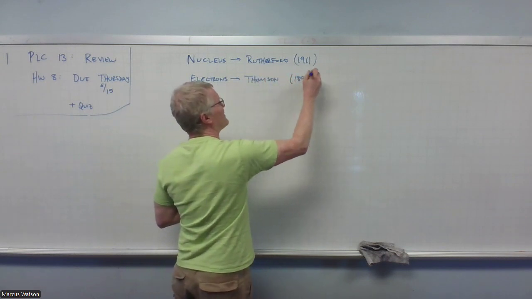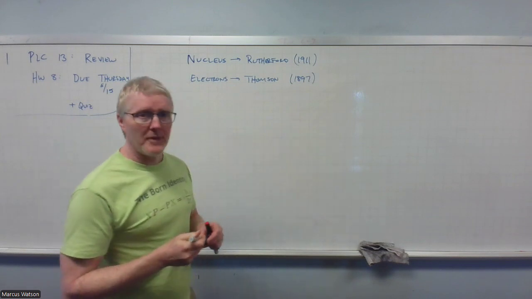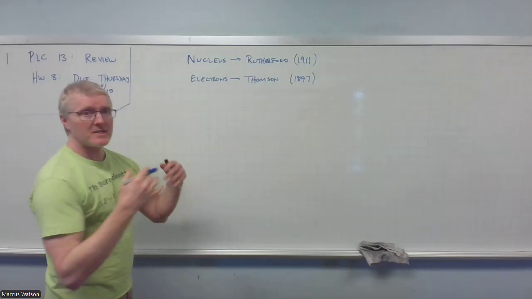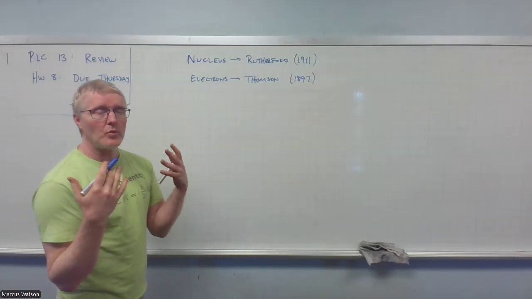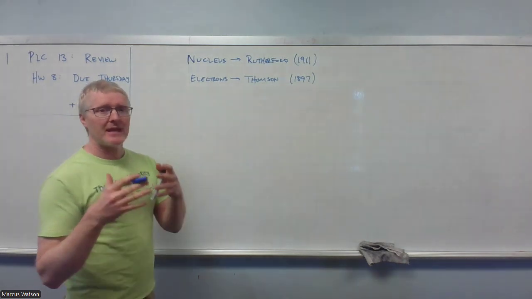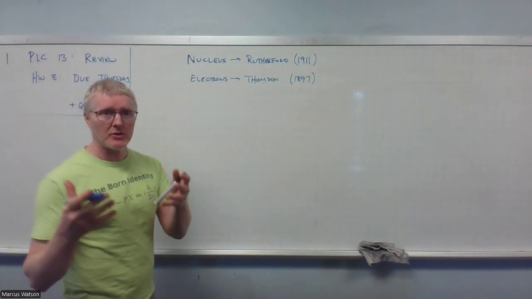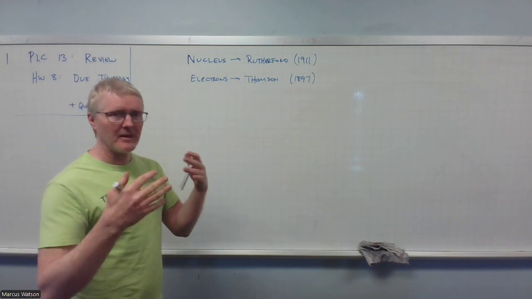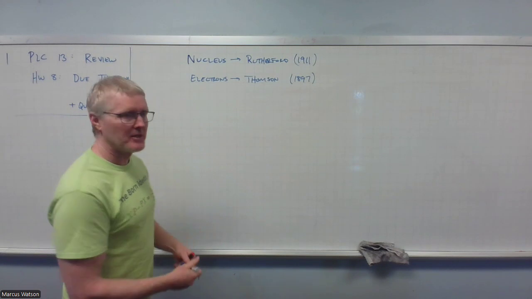And so Bohr knew what the pieces of the atom were, and it was just the idea that they need to be arranged somehow such that they emit particular wavelengths when they are essentially de-exciting.